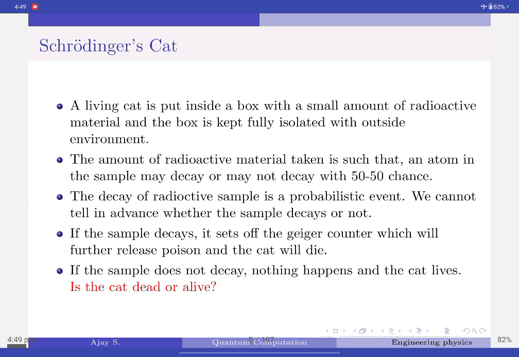We cannot tell in advance whether the sample decays or not. If the sample decays, it sets off the Geiger counter, which will further release poison and the cat will die. If the sample does not decay, nothing happens and the cat lives. Now the question you ask is, is the cat dead or alive?